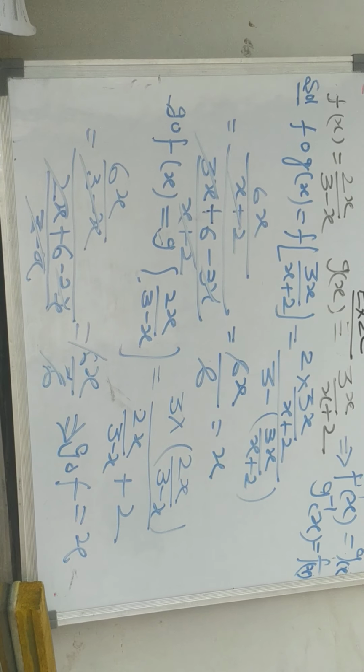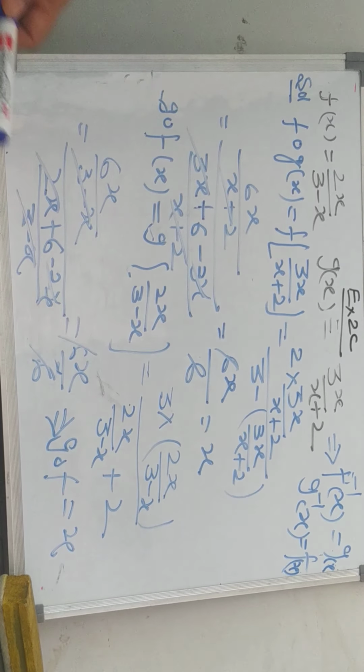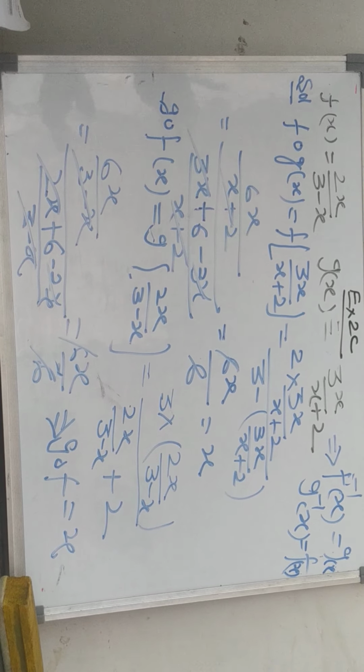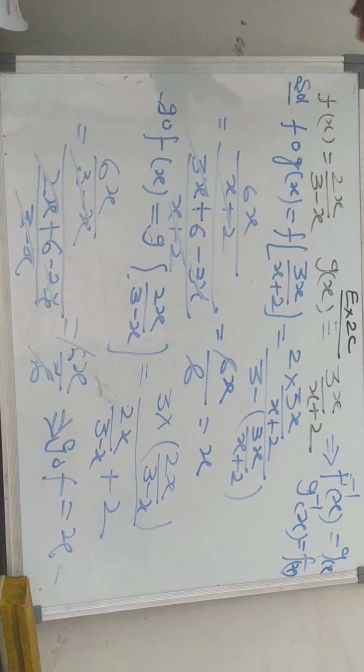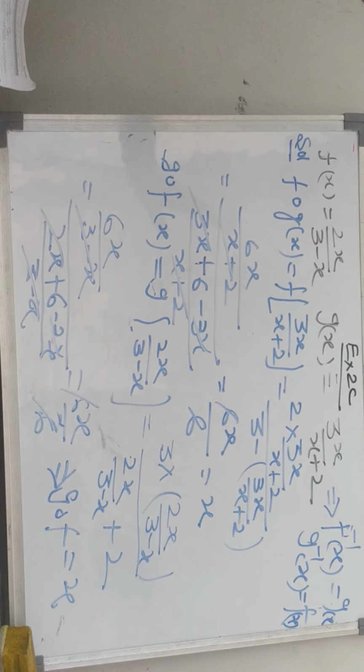If f of g and g of f are both equal to x, then f(x) is equal to g inverse x, and f inverse x is equal to g(x).